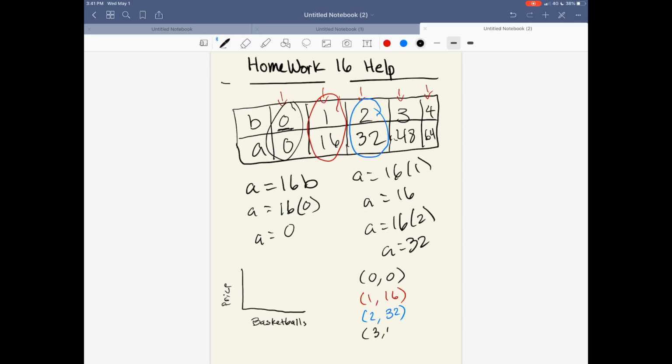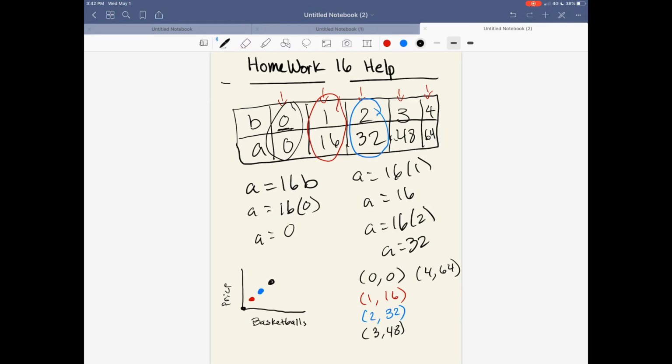So we've got 3, 48, and 4, 64. Okay, so what you notice is that as we increase the number of basketballs, the price also increases. So we start at 0, 0, and then we end up higher, which these aren't the values specifically, but I'm just trying to eyeball it and see which way I think the graph would go.